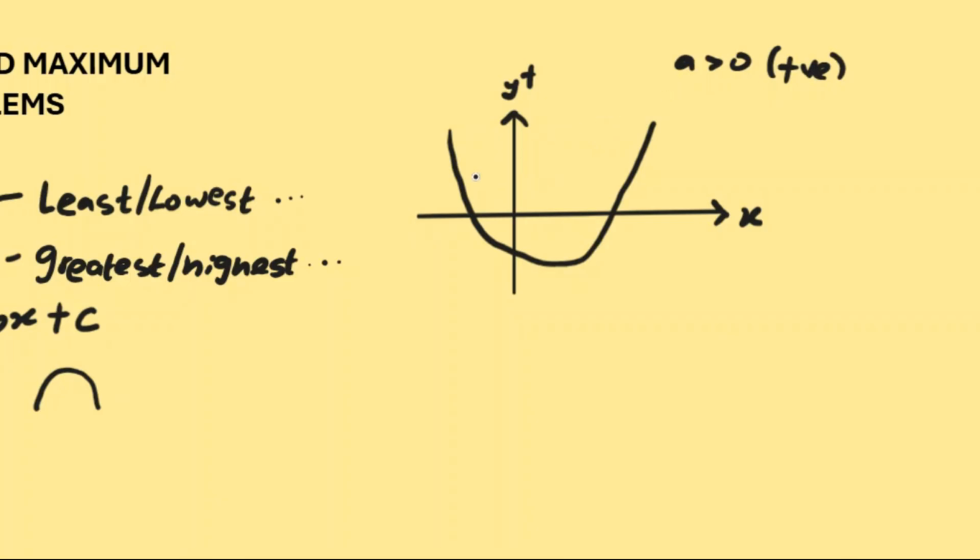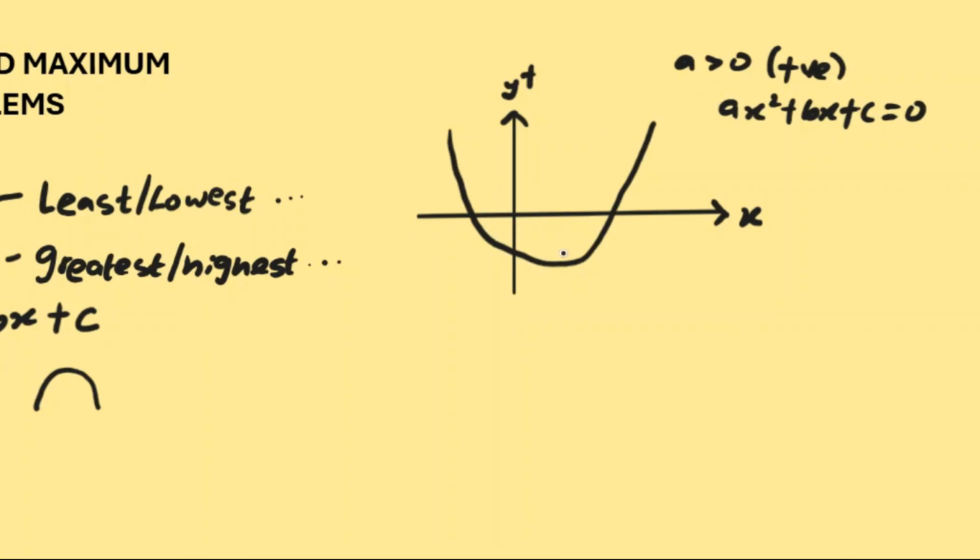It's from that general equation, ax squared plus bx plus c. So when a is greater than 0, you get a U-shaped parabola.